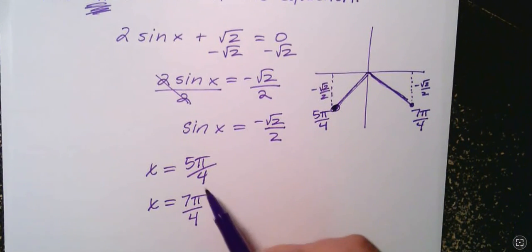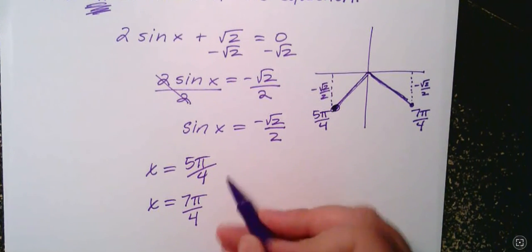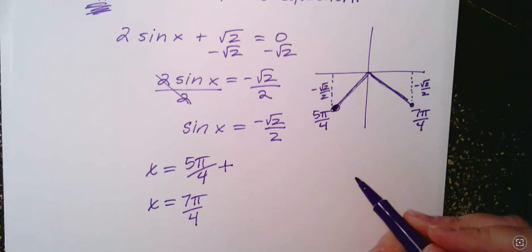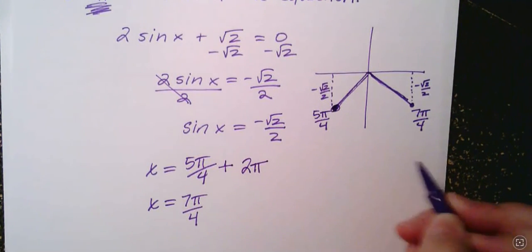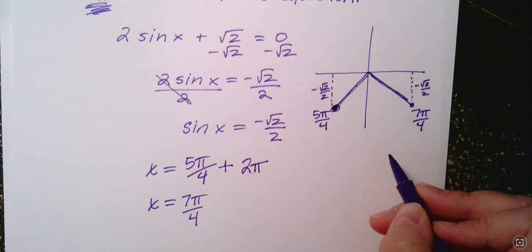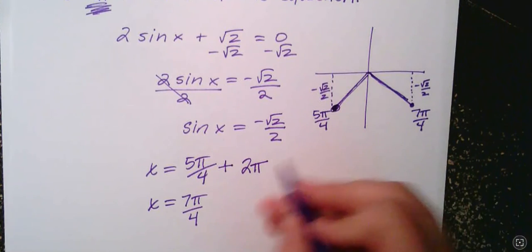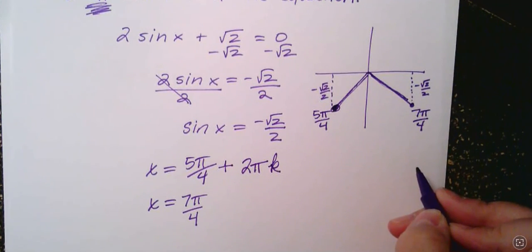So that's how we write our answer. We say all solutions can be represented by 5 pi over 4 plus all the way around the circle, however many times you want to go. In terms of radians, all the way around the circle is 2 pi. And to say however many times you want to go, we just put an integer, or a variable that stands for an integer. A lot of times we use k. Sometimes we use n.